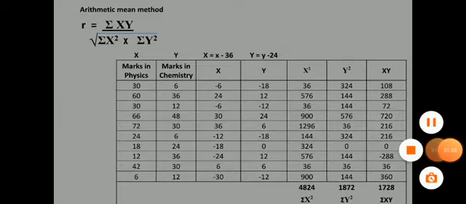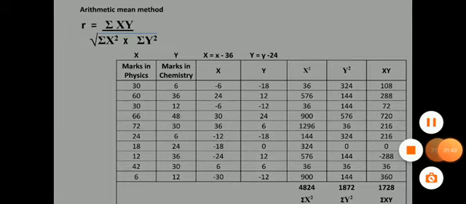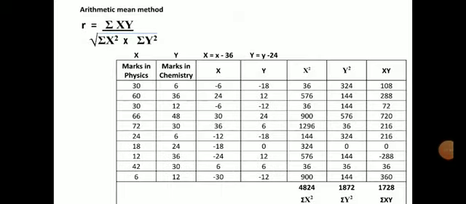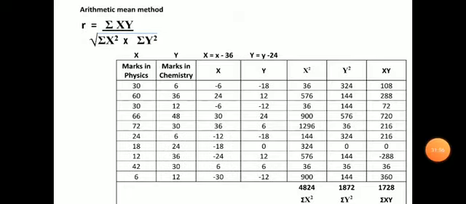Once you calculate the capital XY values, summation X square is 4824, summation capital Y square is 1872, and summation capital XY is 1728. We have to substitute everything in the formula.